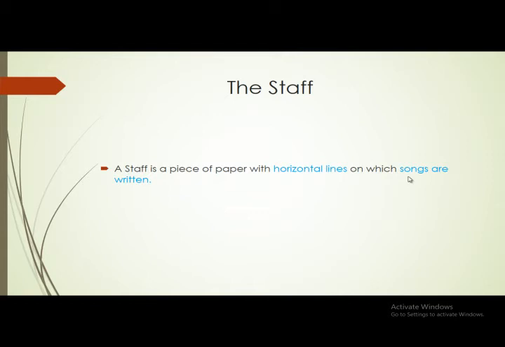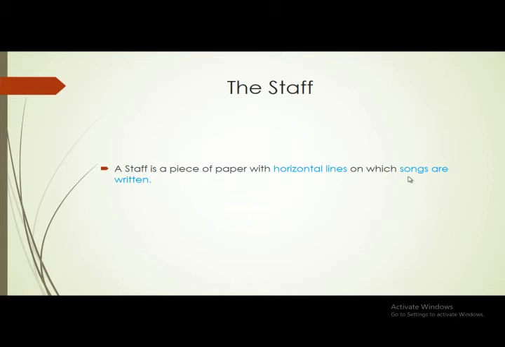They are written on a staff. And as I said already, a staff is a piece of paper with horizontal lines, and on it we write songs or musical notes. If you have, for example, a music book, you're going to see that those songs have been written on horizontal lines.